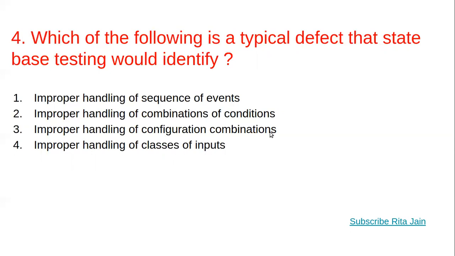Improper handling of configuration combinations is related to hardware, like OS and browser. So the answer should be between 1 and 2. Combination of conditions is handled by decision table. So the right answer is improper handling of sequence of events.